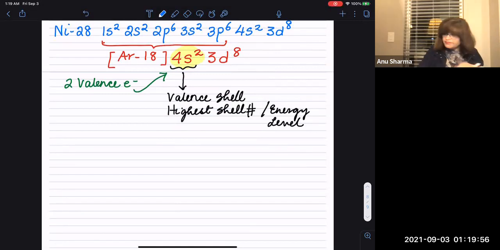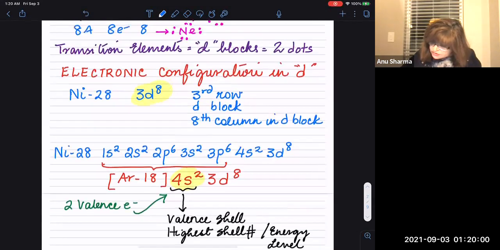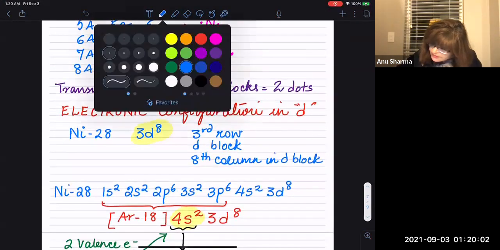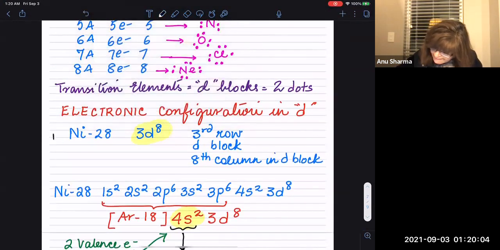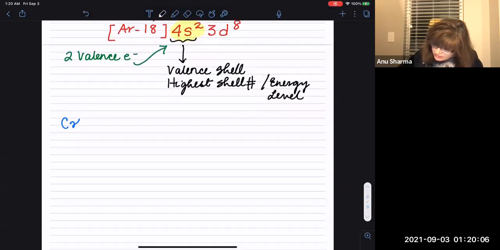Let's do chromium. So this is one example, and this is the second one.